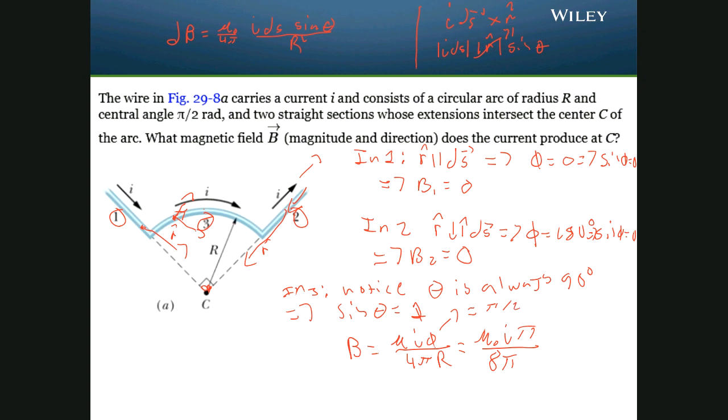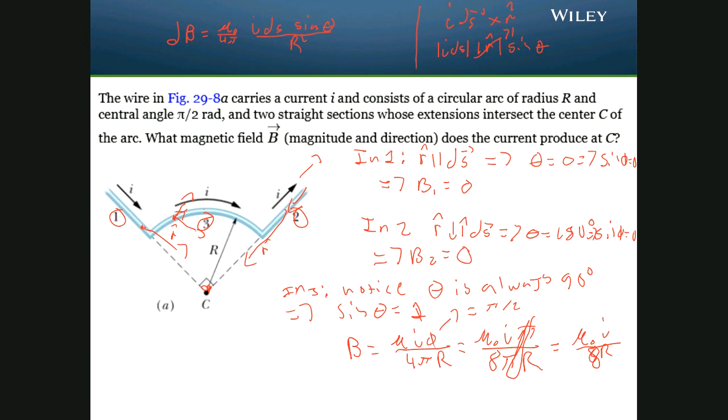Because we have that phi, I actually am going to take the effort to change all my angles here to theta. I really was hoping I could be lazy, but laziness comes with a price. And over r, and the pi's cancel. And we get B equal to mu naught I over 8r.